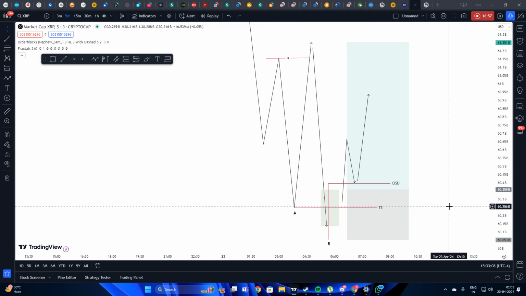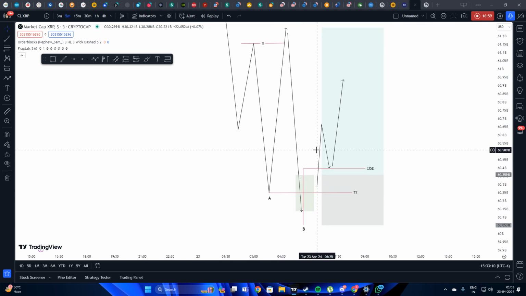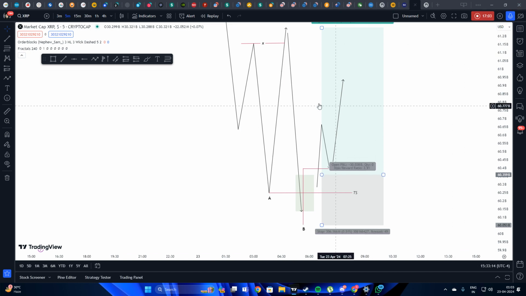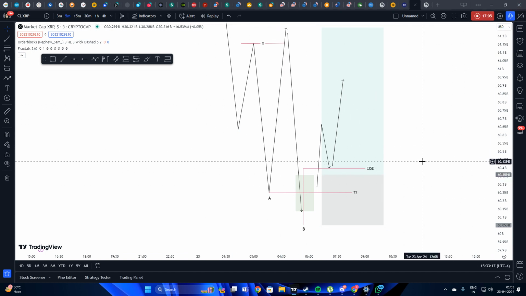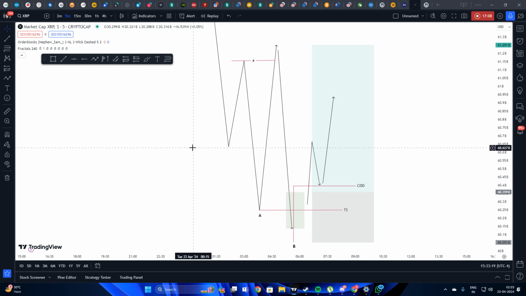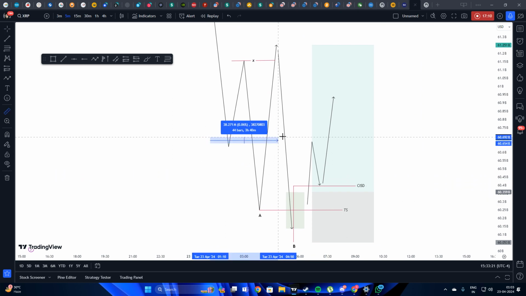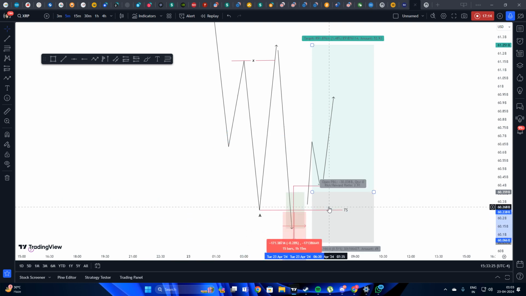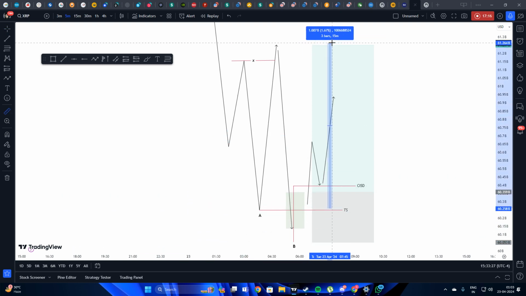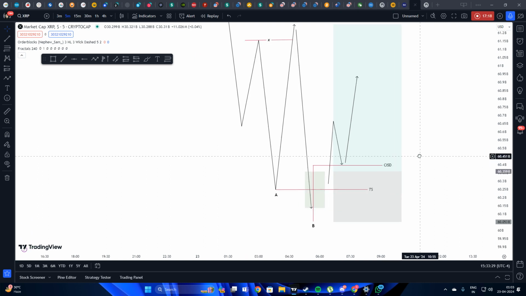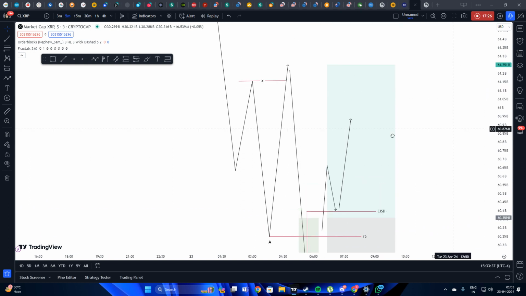This is exactly what we call turtle soup. I'll get into showing examples of this turtle soup. But please note that this can also be called accumulation, manipulation, and distribution. A turtle soup can, most of the time, just be a PO3 or an AMD.